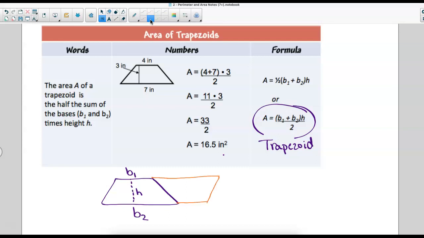what shape do I have now? Parallelogram. A parallelogram. And how do I find the area of a parallelogram? Base times height. Okay, so if I want to find the area of this whole thing, I would need to do this distance times the height. Well, what's this bottom distance?